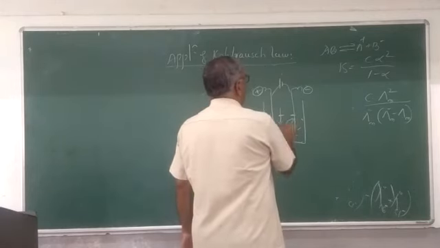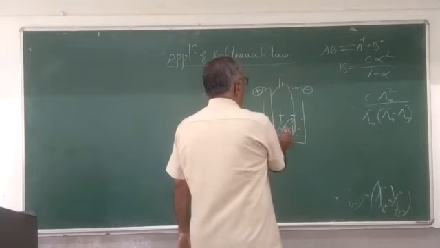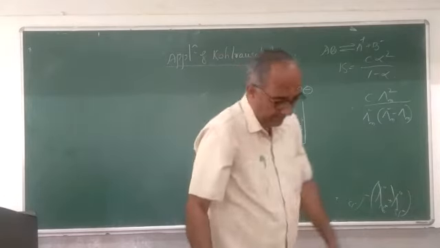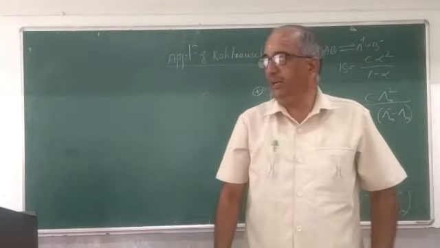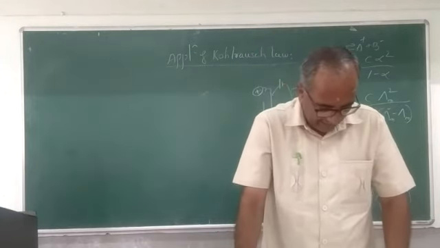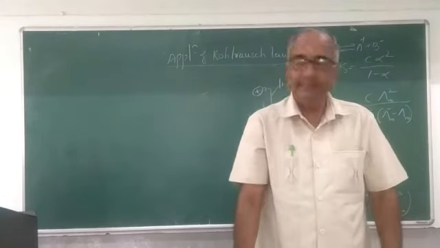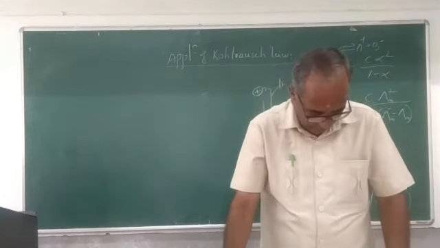The sodium ion discharges at the surface of the cathode and the chloride ion discharges at the surface of the anode. Thus the movement of the cation and anion to the oppositely charged electrodes is called electrolysis.